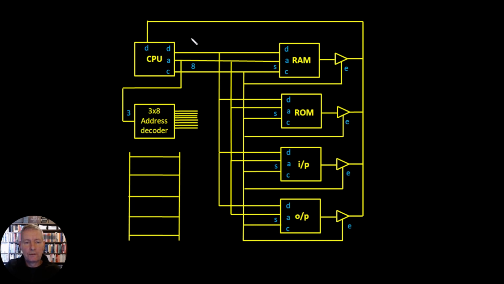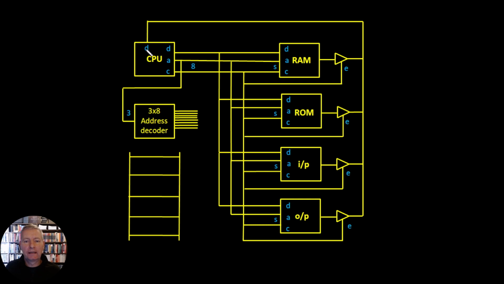So as it stands at the moment, we're going to have data flowing out of the CPU, and then we're going to have the data written into the RAM with the set, and we're going to read data off of the RAM with the enable back along and into the CPU. So we've already seen that, and we know we can do that.